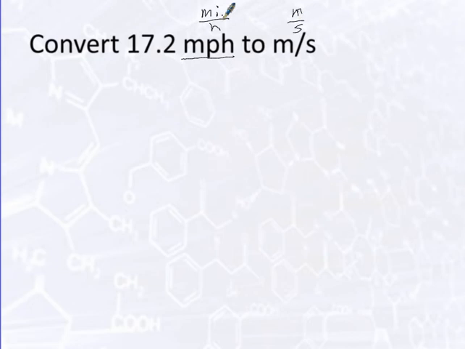So what I'm doing is I'm making the top unit, I'm converting miles to meters and hours to seconds. This is how this unit is actually written out: 17.2 miles per 1 hour.